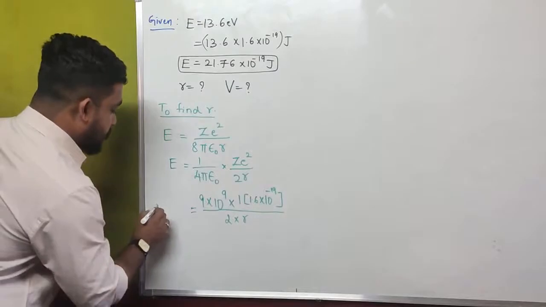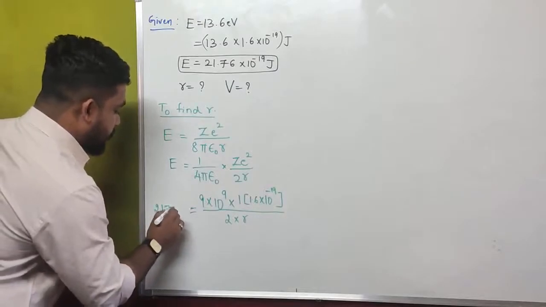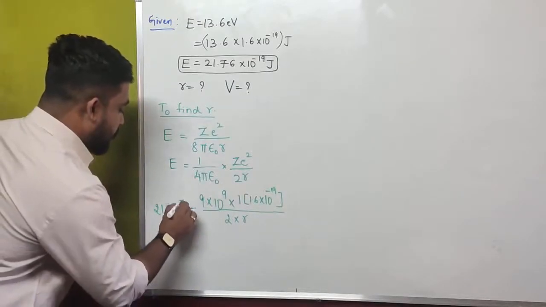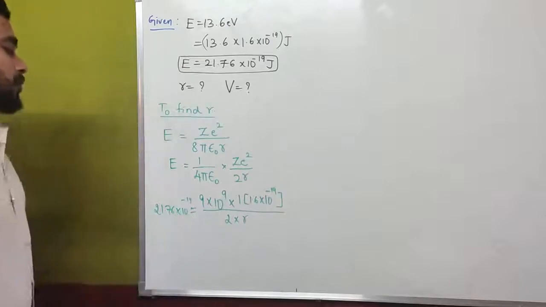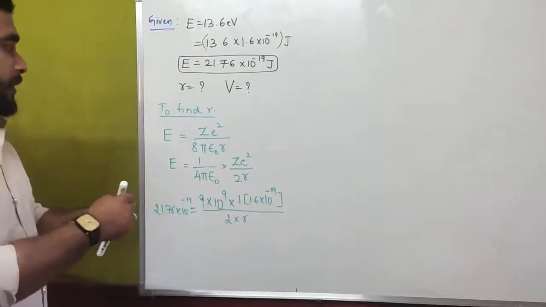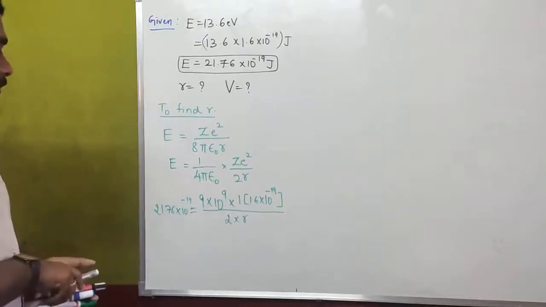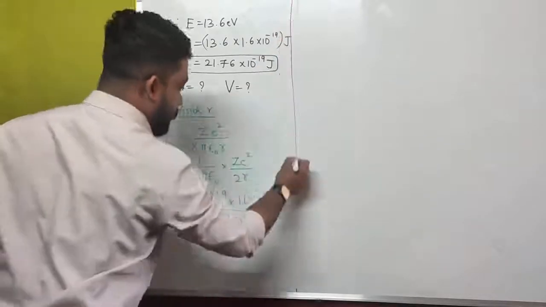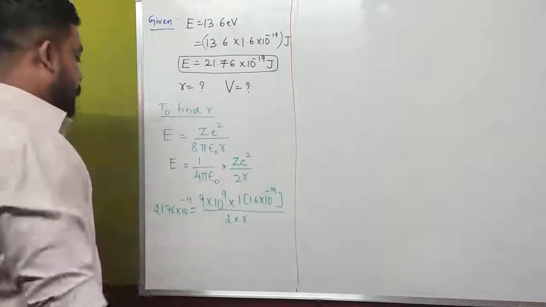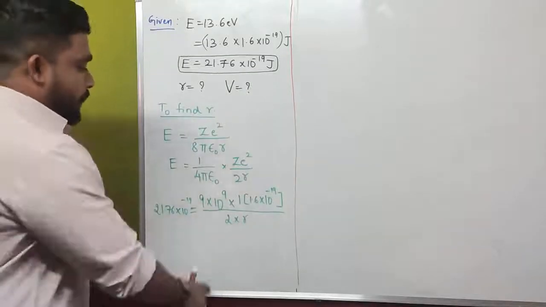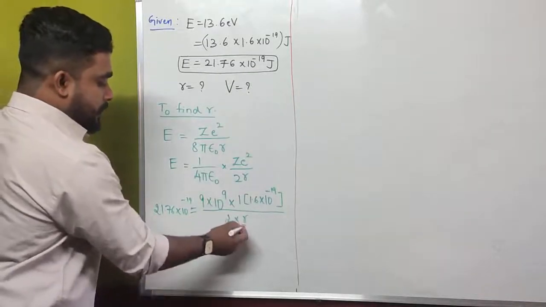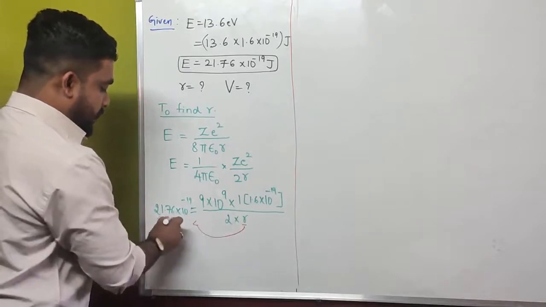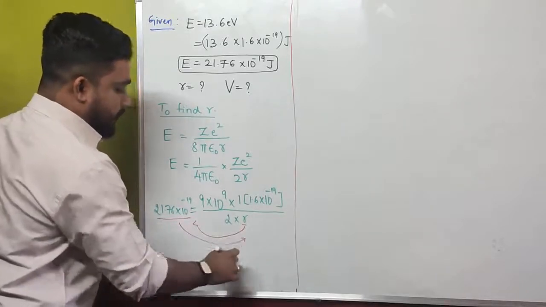If we substitute 21.76 into 10 to the power of minus 19 joules and reshuffle this expression, what we want here is R, so I'll send R to the other side of the equation and 21.76 to the other side.